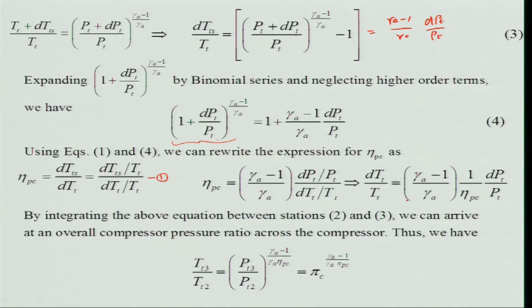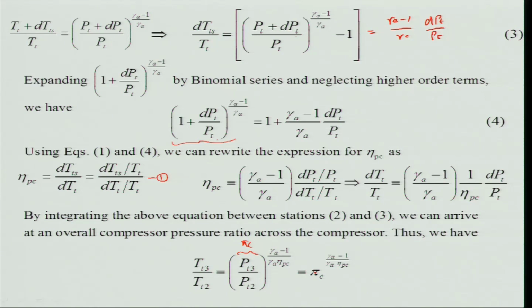Now, if I integrate this expression for the entire range, because I have taken a very small change and then I am integrating over the stations T_t2 to T_t3, I will get T_t3 by T_t2 equal to P_t3 by P_t2 to the power (gamma minus 1) divided by gamma a eta_pc, which is nothing but pi_c to the power (gamma minus 1) divided by gamma a eta_pc.